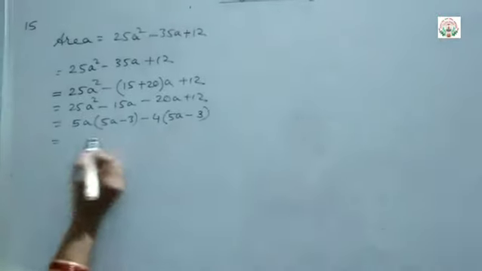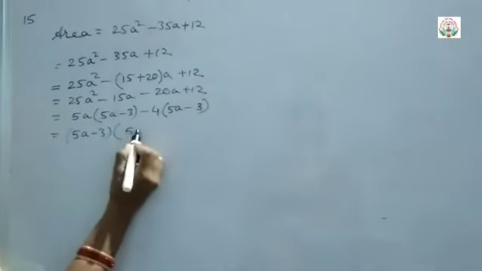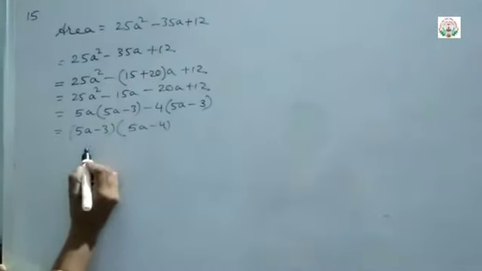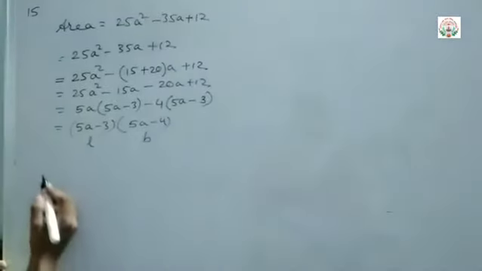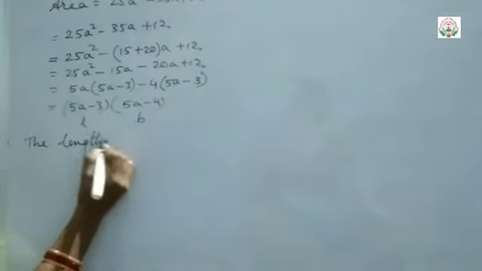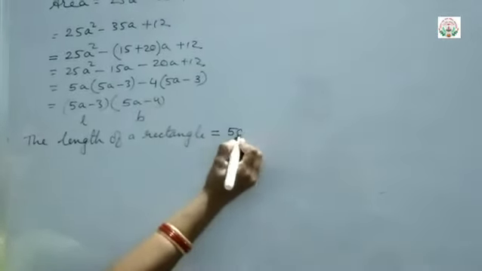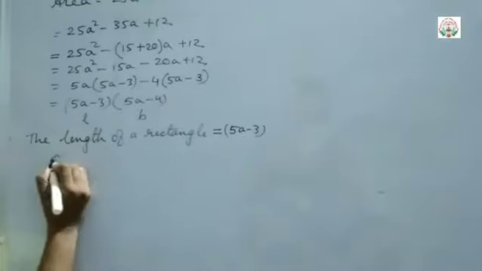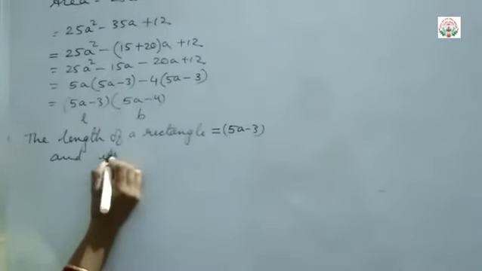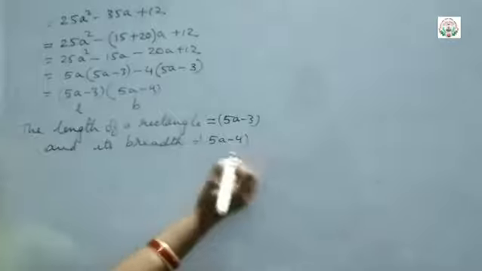You can see what is common in both, 5a minus 3. The other one is 5a minus 4. So this is length, this is breadth. You can write the length of the rectangle equals 5a minus 3, and its breadth equals 5a minus 4.